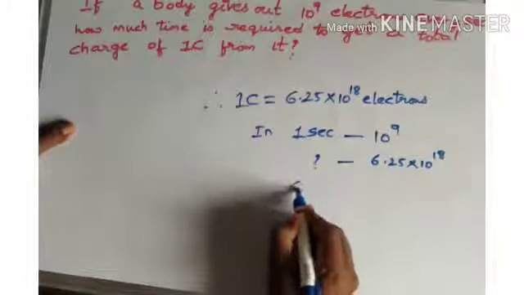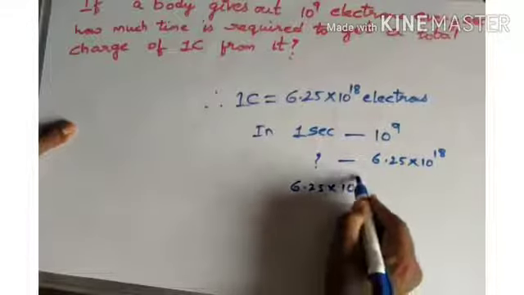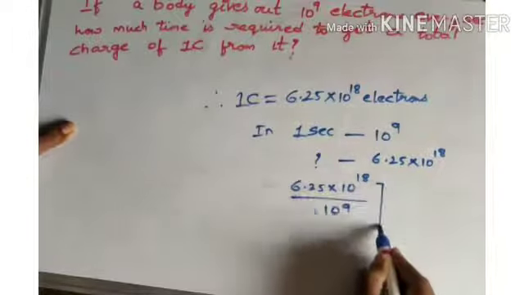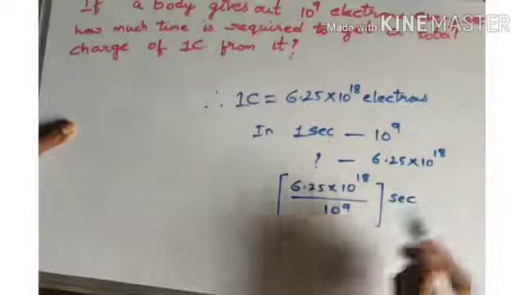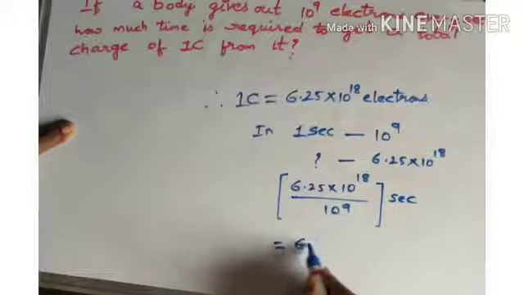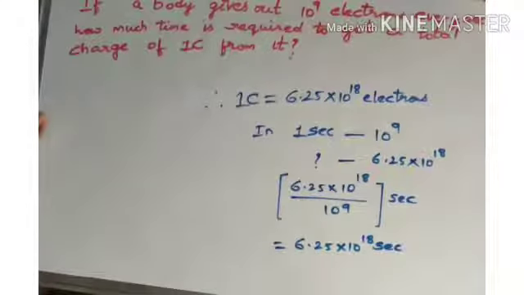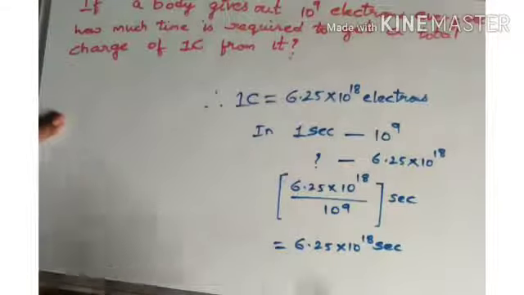Just cross multiply: 6.25 into 10 to the power 18 by 10 to the power 9, and on the whole it will be in seconds.